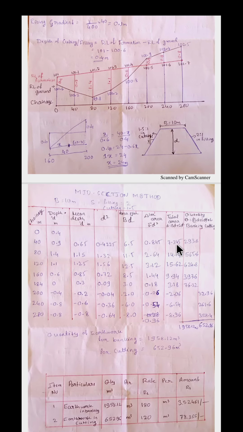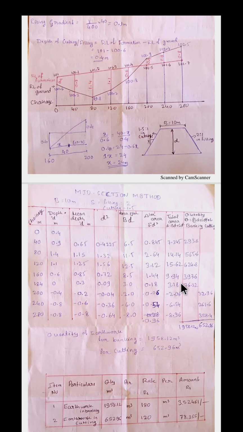So 7.345 into 40 is 293.8. 14.14 into 40 is 565.6. 9.94 into 40 is 397.6.